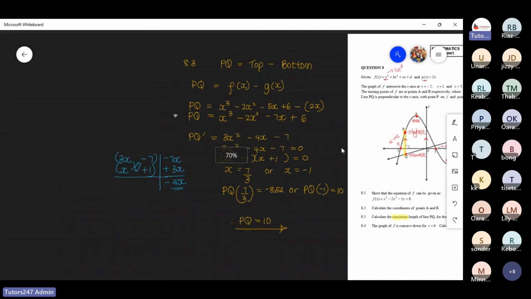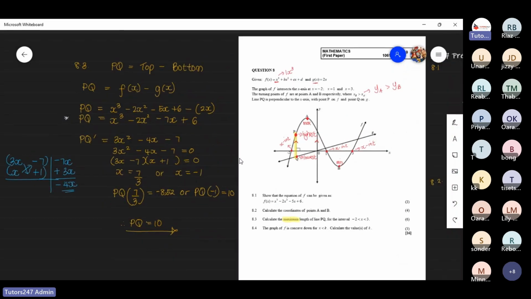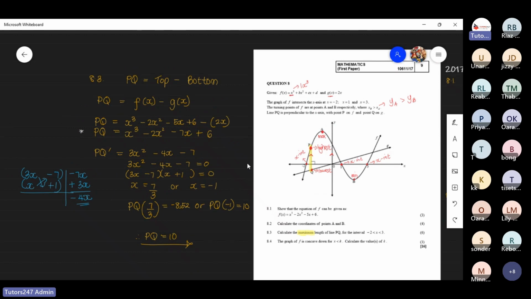That is question 8.3. Our question stated, calculate the maximum length of the line PQ for the interval -2 until 3. So all we needed to do was first find the equation of the line PQ. Why? Because we cannot find a stationary point without an equation. So we find the equation by taking the function on top minus the function at the bottom. That gave us the equation of PQ. Once we have the equation PQ, we then need to find the stationary points of PQ.